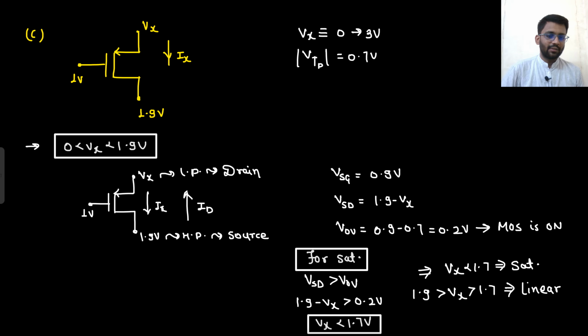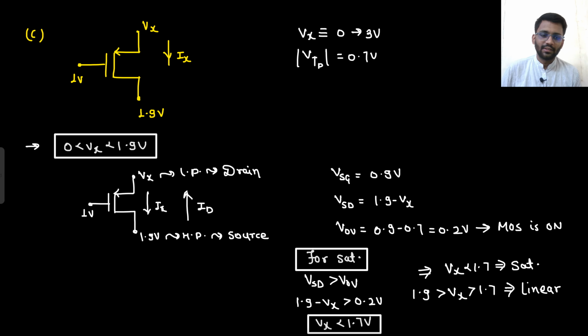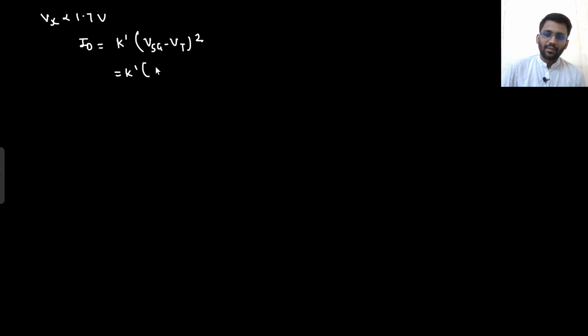So for Vx less than 1.7 volt, what will be your ID? ID would be some constant into VSG minus Vt whole square. So some constant into VSG minus Vt, 0.2 whole square. So ID is a constant current. And what is your Ix?